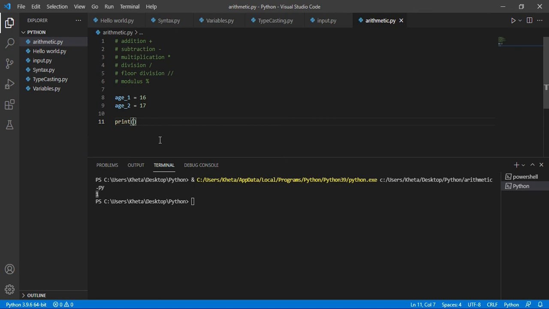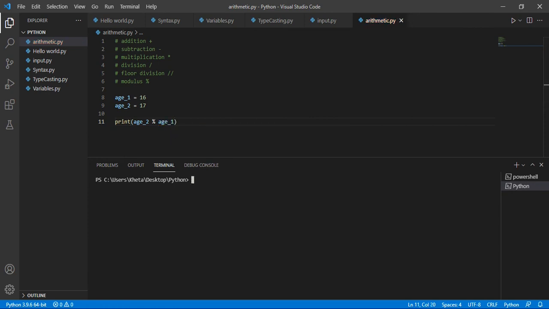It gives you the remainder. So if we say h_2 modulus h_1, then we expect this to give us the remainder. And the order is the same order that you'd use if you were dividing. So always start with the bigger one if you want to find the remainder in the order of division. So just follow the order of division. If you look at that, it gives you 1.